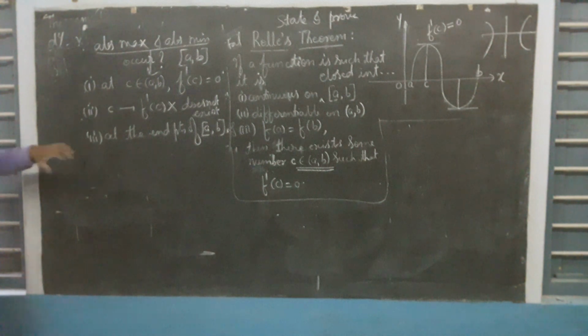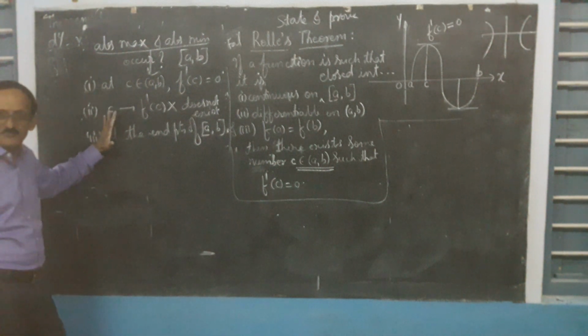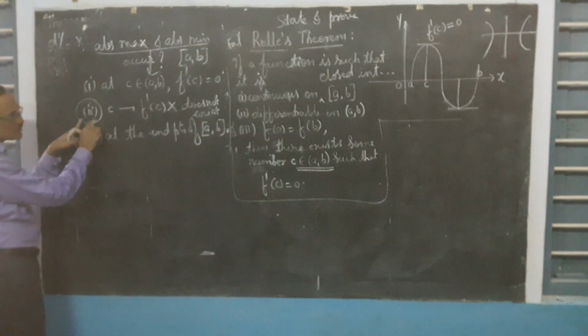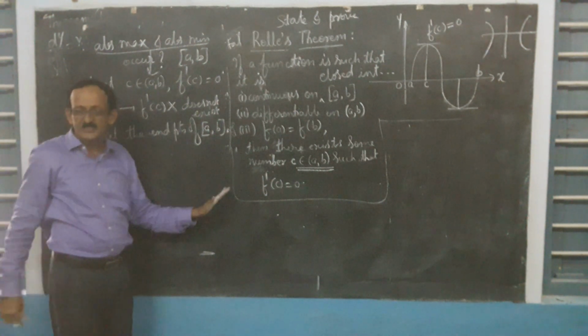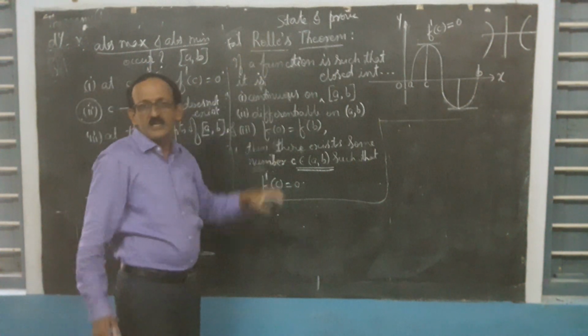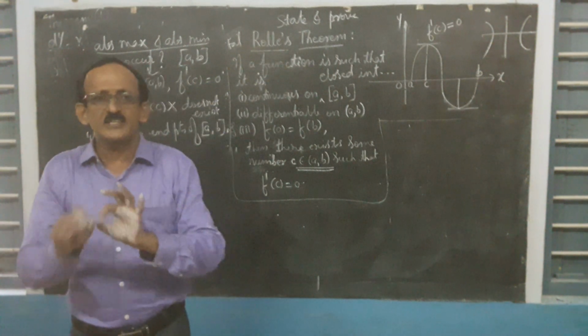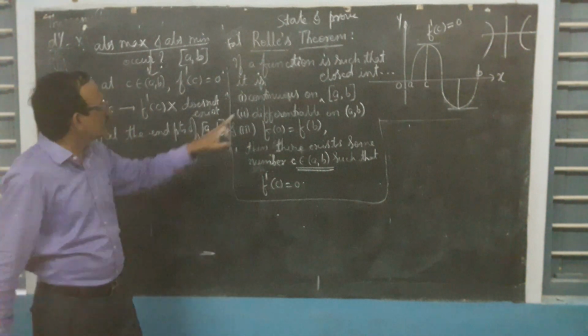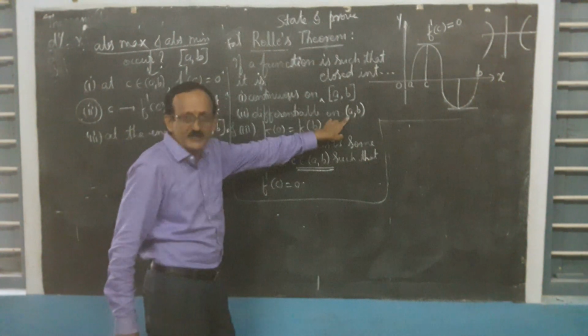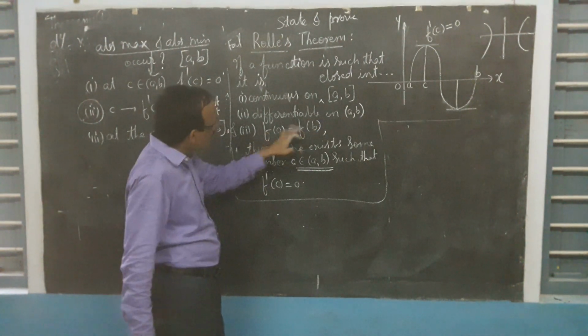Now ask yourself whether case 2 arises here. No, because in the hypothesis of Rolle's theorem there are three statements: continuity in the closed interval, the function is differentiable in the open interval, and the values at the end points are equal.